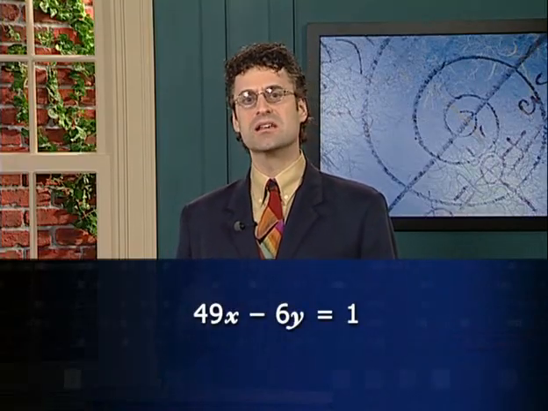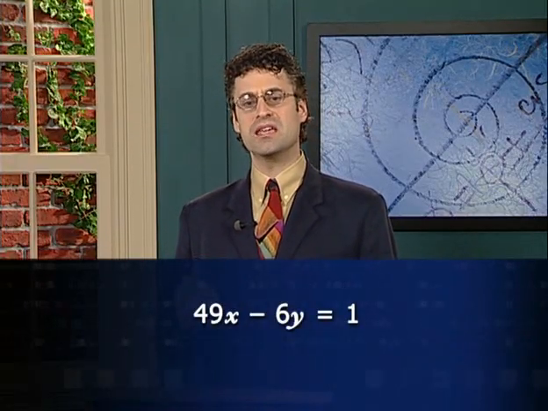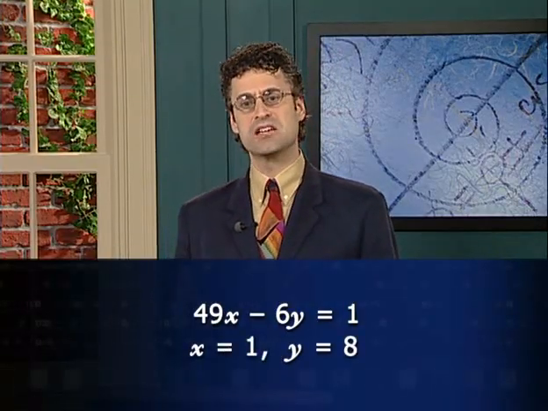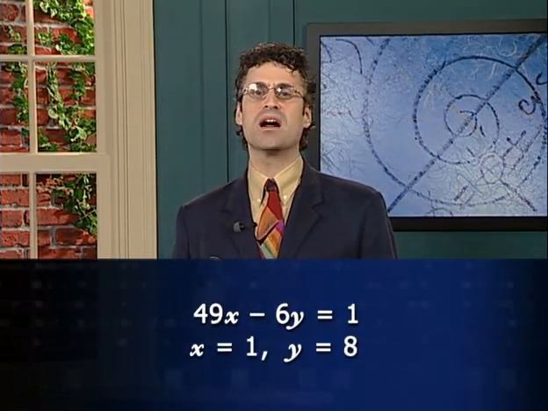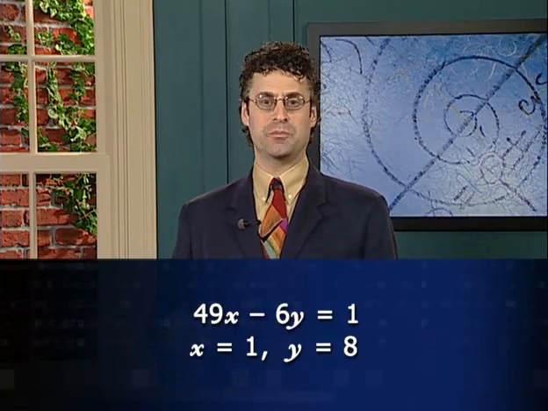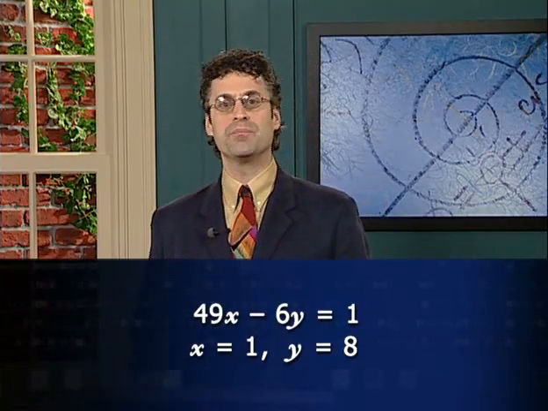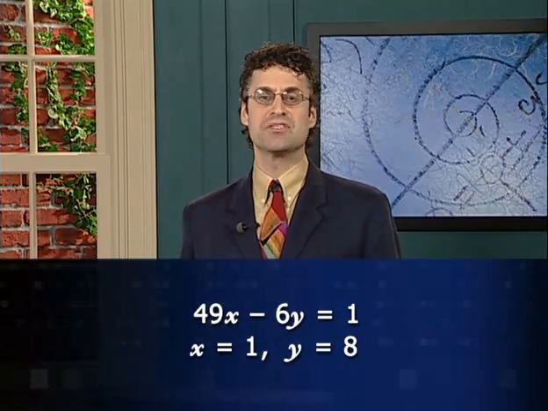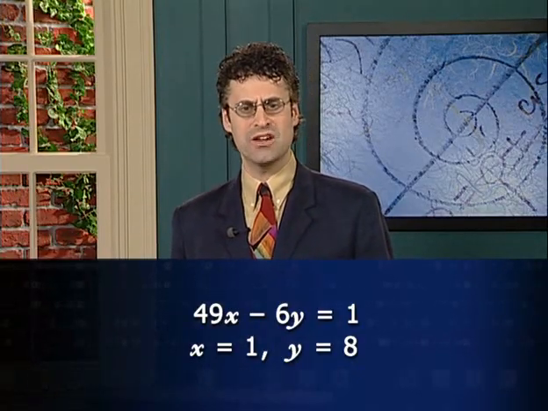And the equation in this case would be 49x minus 6y equals 1. And in this case, we see that the solution would be x equals the natural number 1 and y equals the natural number 8. And if we plug them in, we just saw from using the Euclidean algorithm, the one-step Euclidean algorithm, that we have a solution to this funny-looking equation.